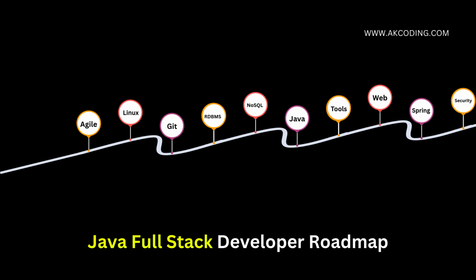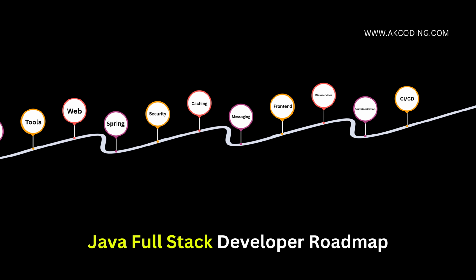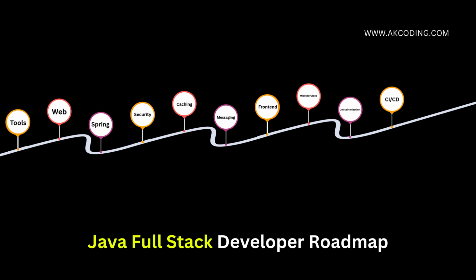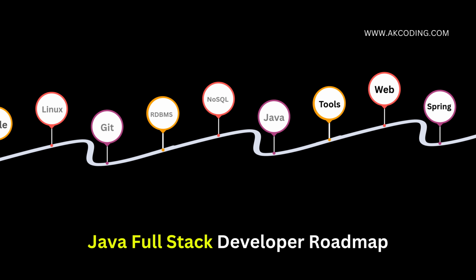From front-end frameworks to back-end APIs, databases to DevOps, and everything in between. So grab your notepad because this is going to be packed with practical insights. So let's dive right into it.